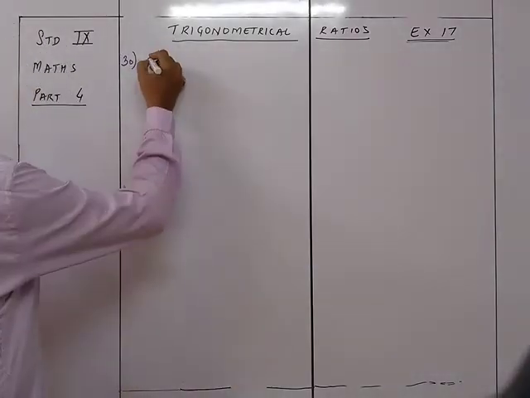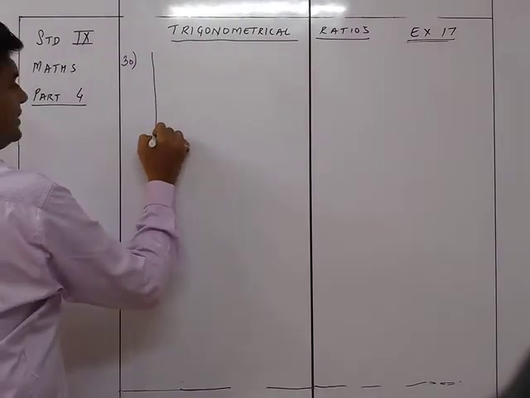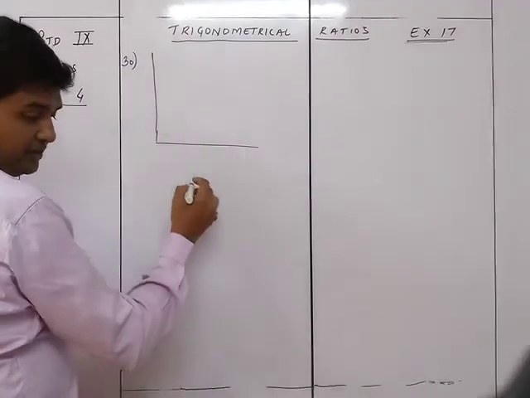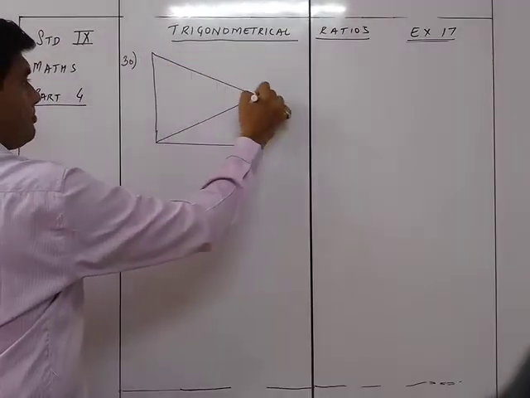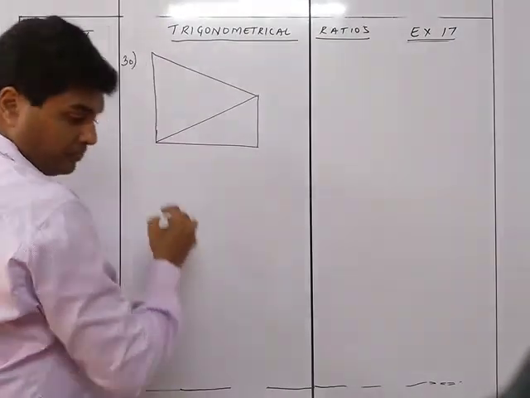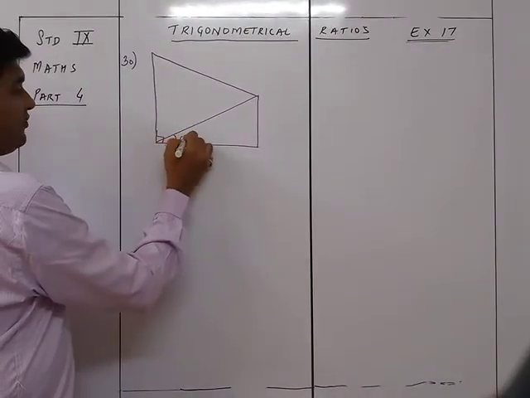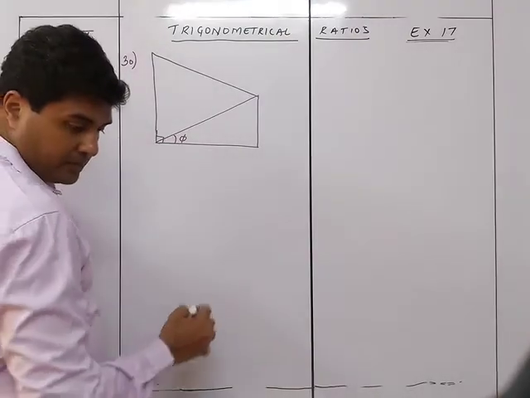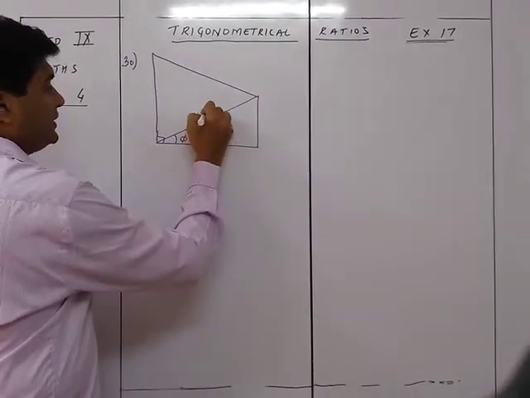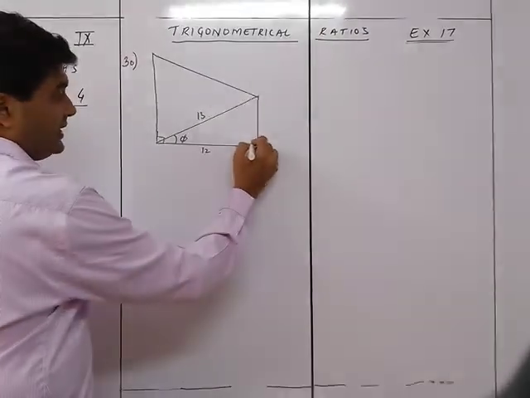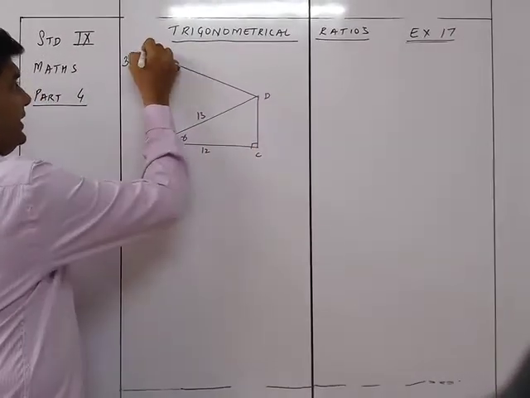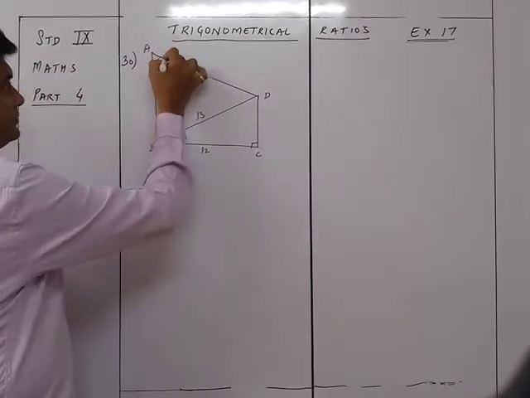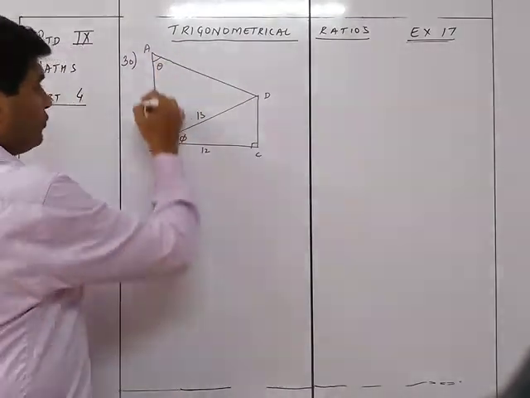First one is, first thing is, this is a figure. This is 90 degrees, this is phi, this is 12, 13, this is 90 degrees, this is C, this is D, this is B, this is A, this is theta. This is 14.